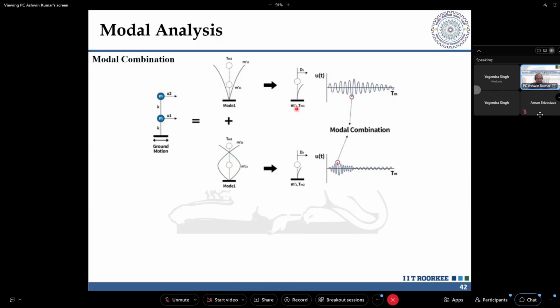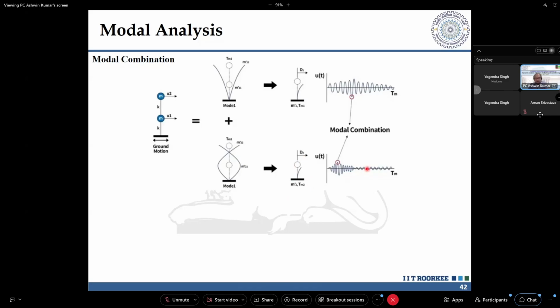And then for each single degree of freedom system, whether it is subjected to any type of load, a time history or earthquake ground motion, you find out the response of the system from there. You find out the response of the equivalent single degree of freedom system, which you have got from the modal coordinates, subjected to that ground motion.